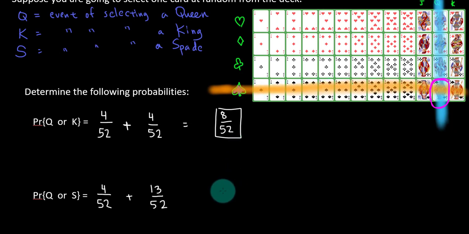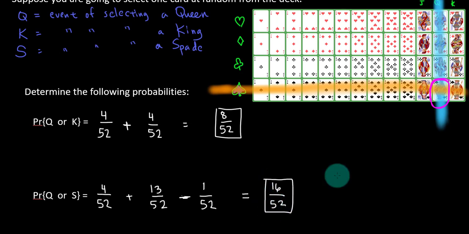So we double counted this card. Therefore, we need to account for that. We need to get rid of that one card that we double counted. Now that we have this subtraction in place, our total here for our probability would be 16 out of 52.